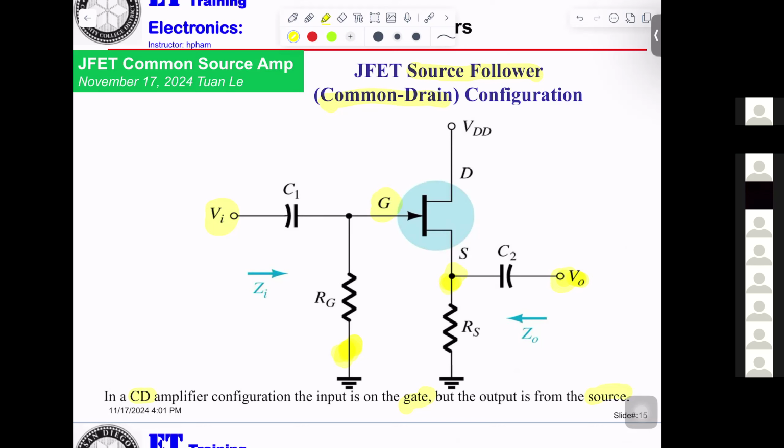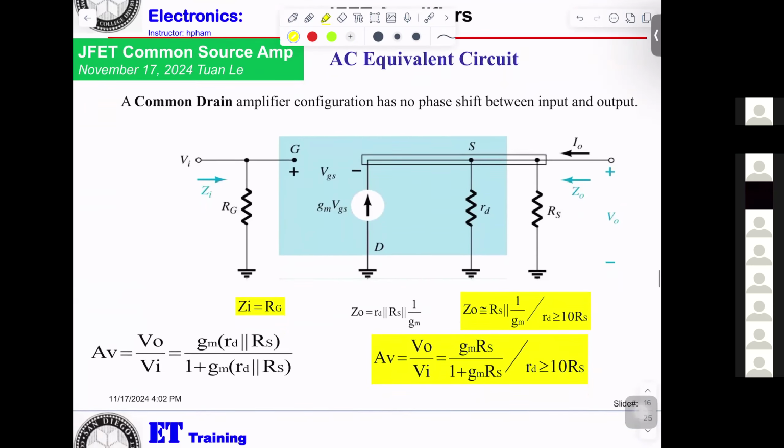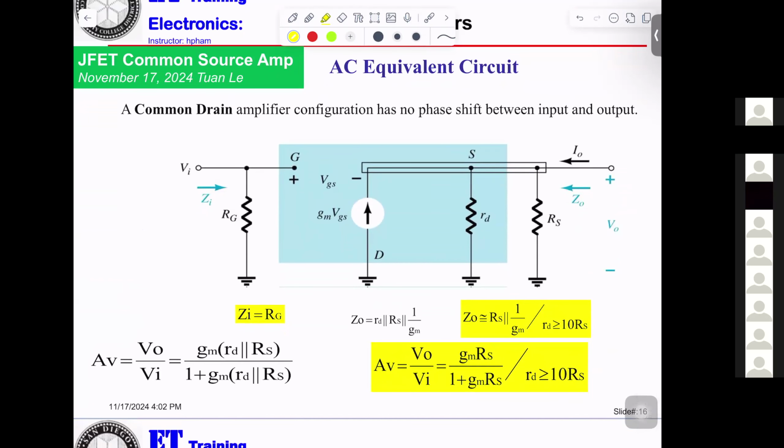When you're looking into the amplifier circuitry, you have to know what its name is. So basically, you can see this is the AC. The gate, the drain now will be ground, and that will be the source right here. And they already tell you the input impedance, which means this resistor here.